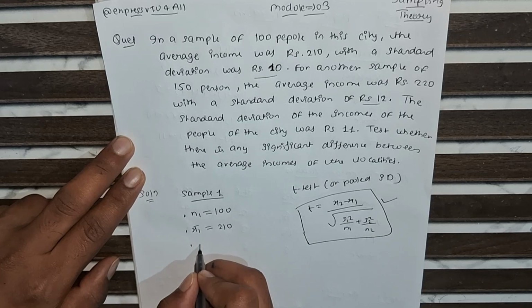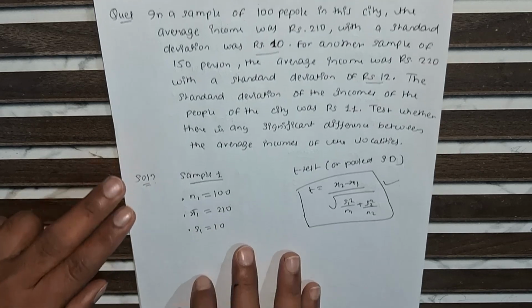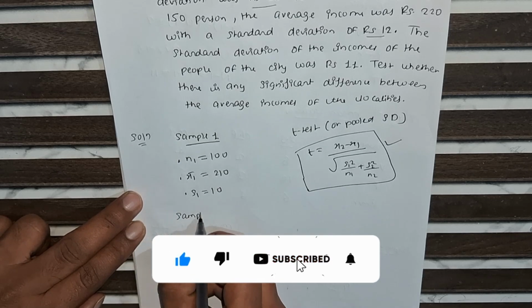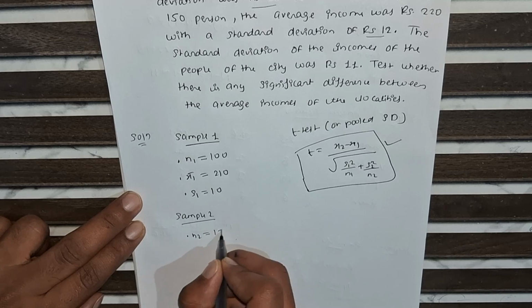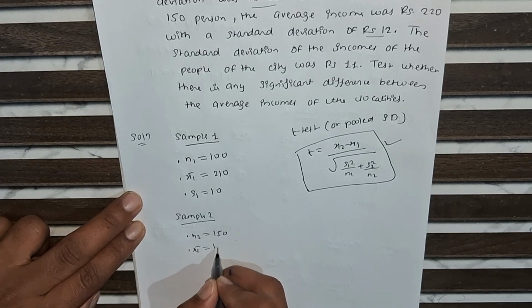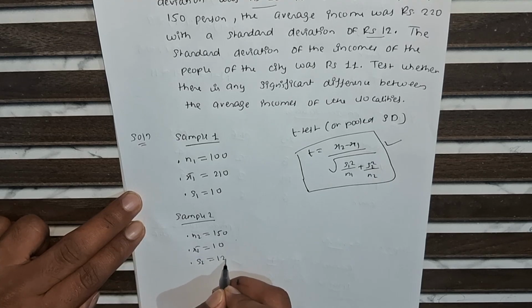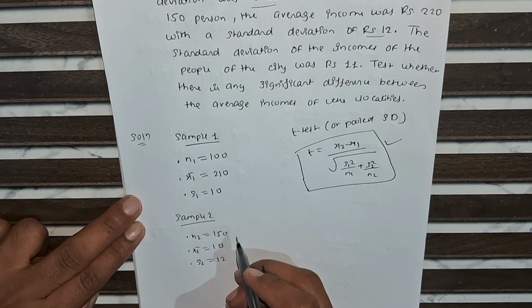And what is our standard deviation? s1 equals 10. Like that, in sample 2, n2 equals 150, x2 bar equals 220, and standard deviation s2 equals 12. So these are the two samples given in this question. Let's solve it step by step.